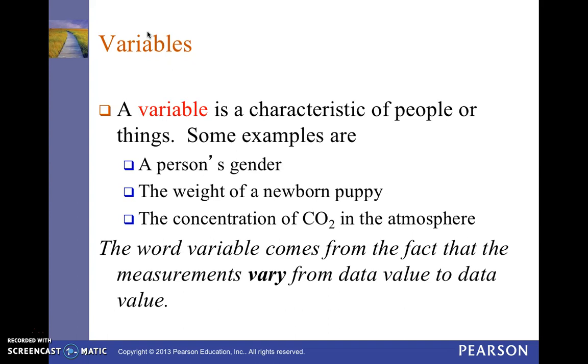Anything that's different about a group of people or a group of things would be a variable. Anything that's the same about that group would be a constant. So the idea is that things vary, which is another word for difference.